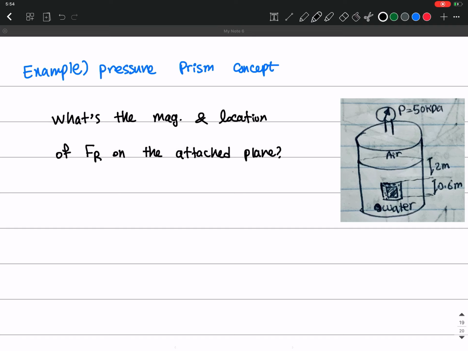Okay, so we have a plane here, and we have water up to this height, and we want to see what is the magnitude and location of the force on this attached plane that we have here. Okay, so let's get started. So, answer.